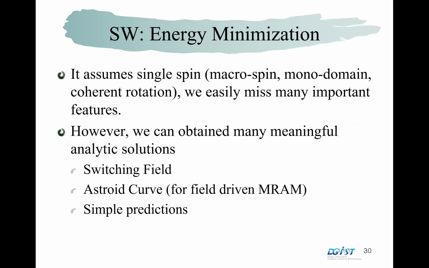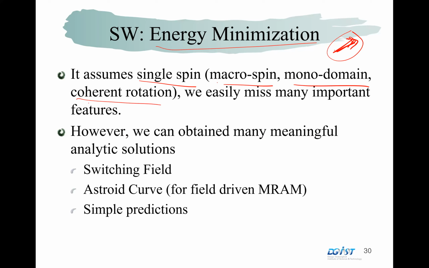Okay, so as I mentioned several times, the Stoner-Wohlfarth model is nothing else but energy minimization. We assume your whole sample is a single spin, a single classical dipole. And there are different names: single spin, macrospin, monodomain, coherent rotation.